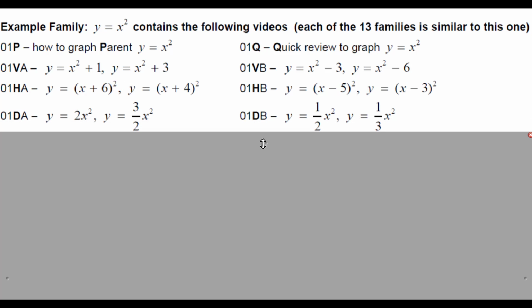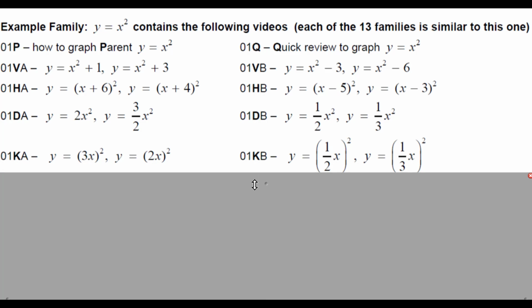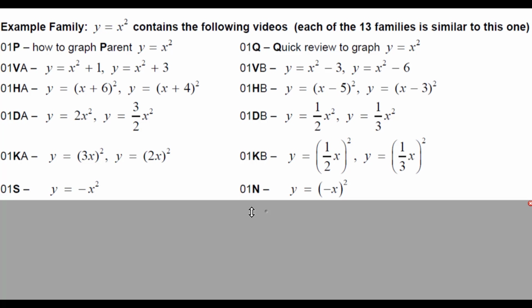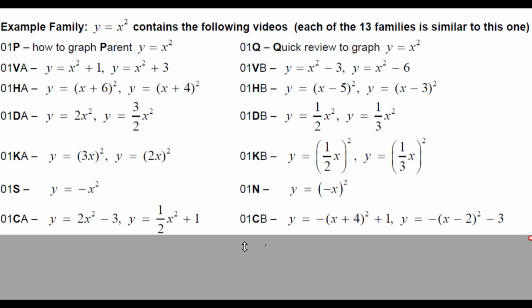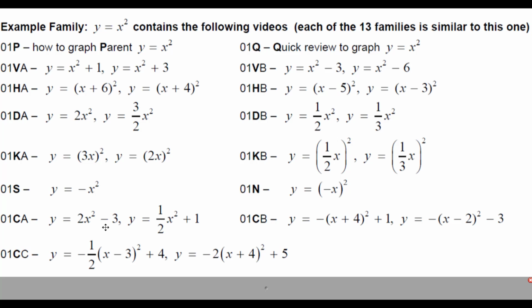The dilations, the horizontal stretch and shrinks, the opposite of function, and the f at the opposite of x. And then we have 3 examples where they're all combined, A, B, and C, C for combination. This is a lower level, this is a moderate level, and this is a more difficult level.